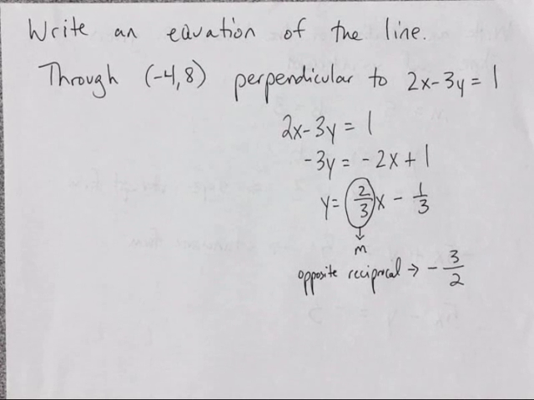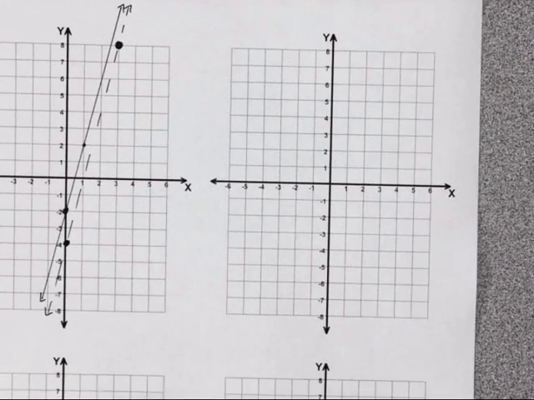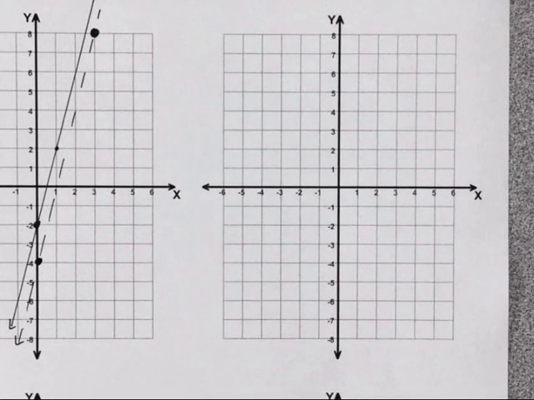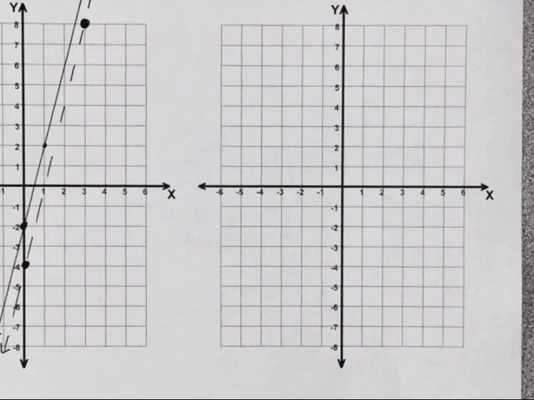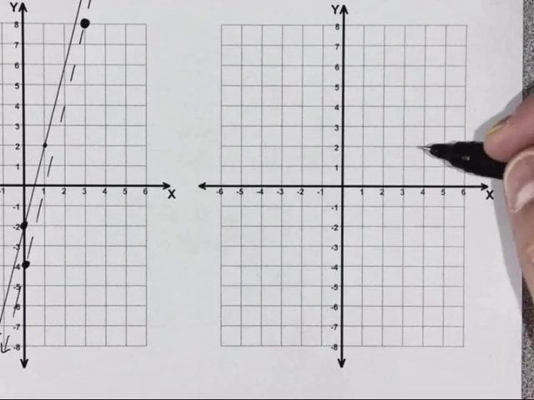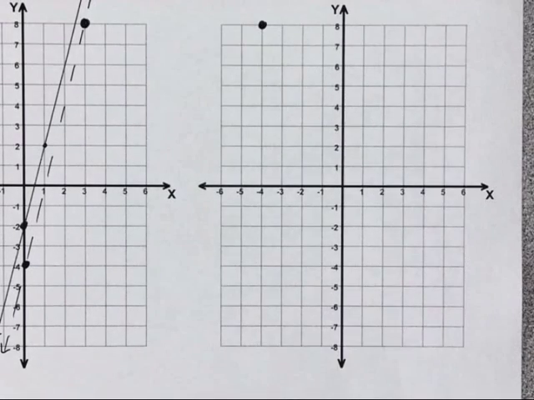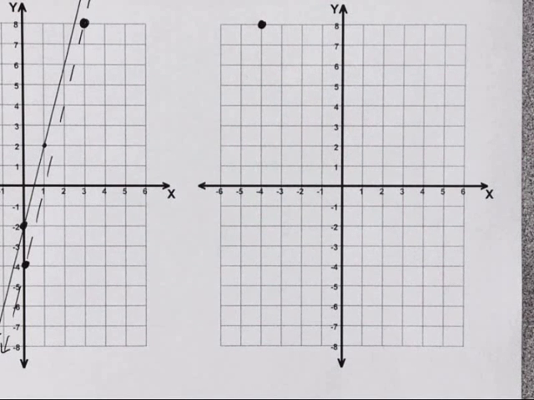Okay. So let's take a look at this graphically. Once again, our point was -4, 8, which is located here, and the line that we're writing our equation perpendicular to is 2/3 x minus 1/3.